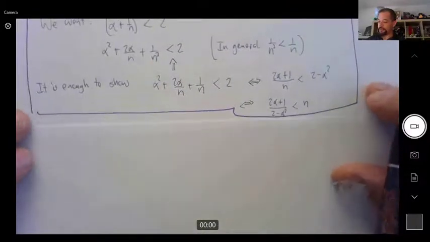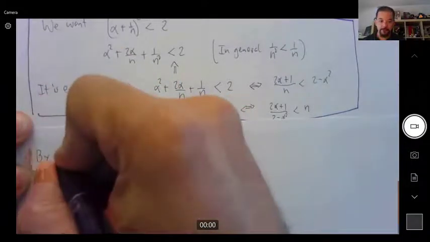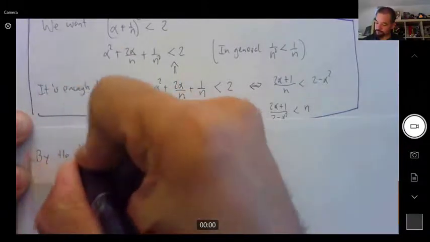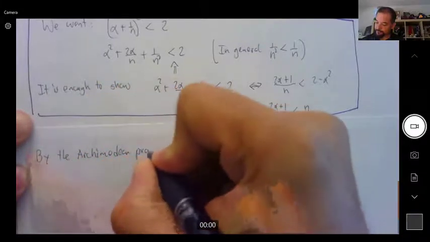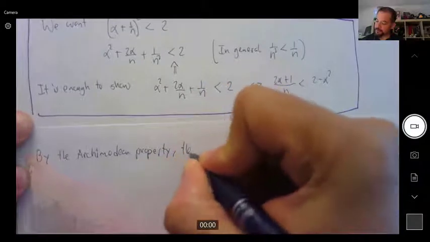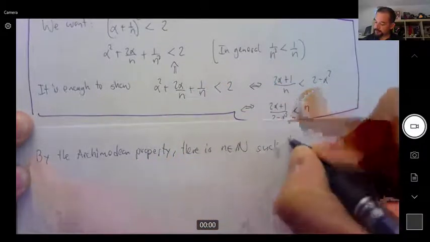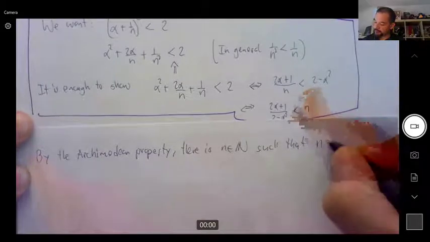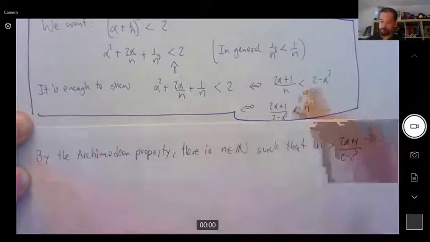So the neat proof would be like this. So by the Archimedean property, there is some n, a natural number, such that n is bigger than 2 alpha plus 1 over 2 minus alpha squared.